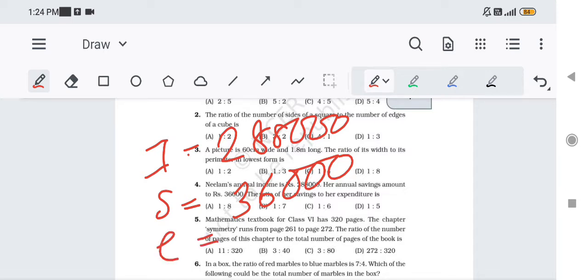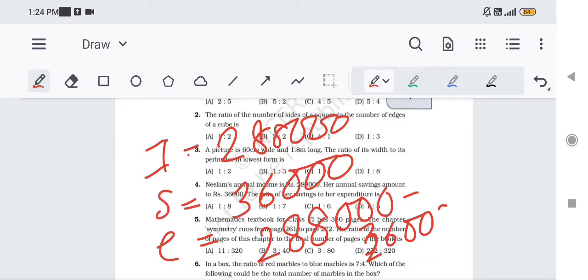Okay, so we will simply subtract the savings of Neelam from the income. So from 2,88,000 we are subtracting 36,000 and we are getting 2,52,000.